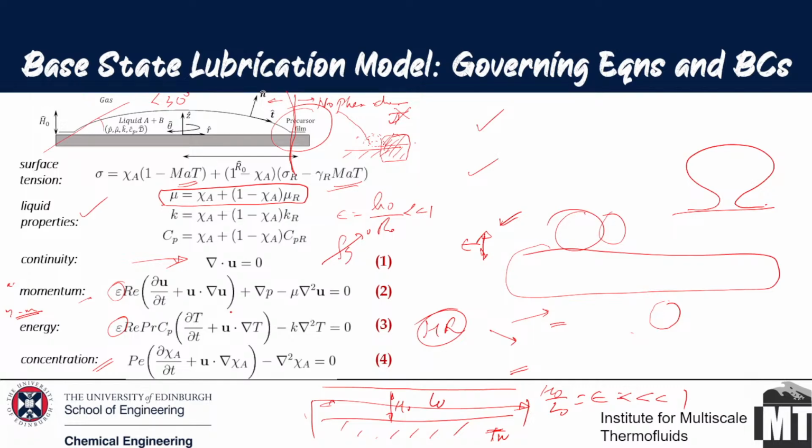You can't neglect it. Epsilon could be probably greater than 1. So that means you will have the x momentum equation, you will also have the y momentum equation. So you'll have more effect of inertia in the droplet, and that can cause currents inside the droplet.